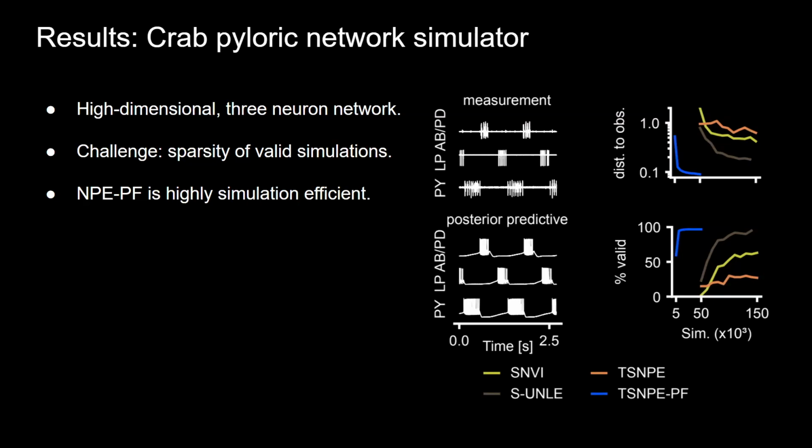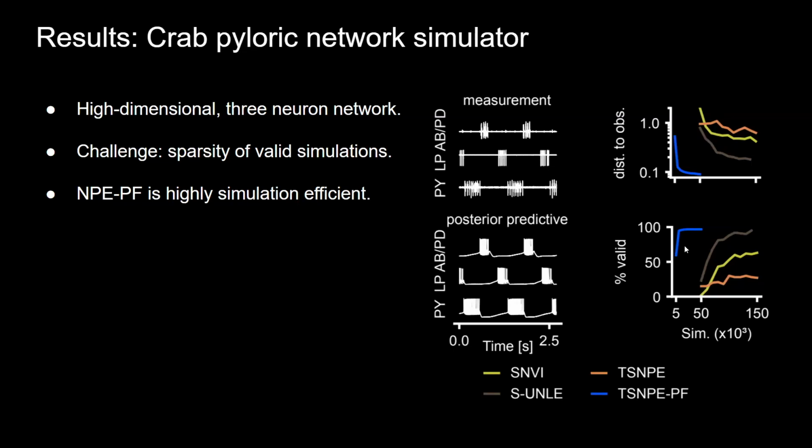That's why for this problem, several variants of sequential schemes were developed. These are the baselines down here. In this problem, NPE with the pre-trained TabPFN very clearly outperformed these methods.